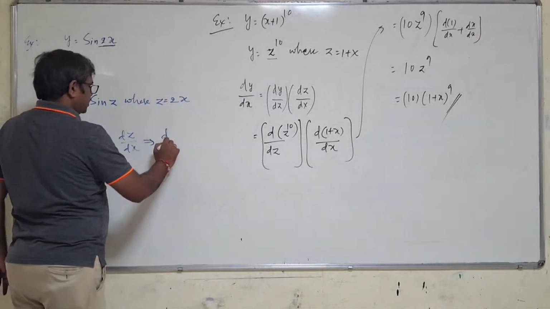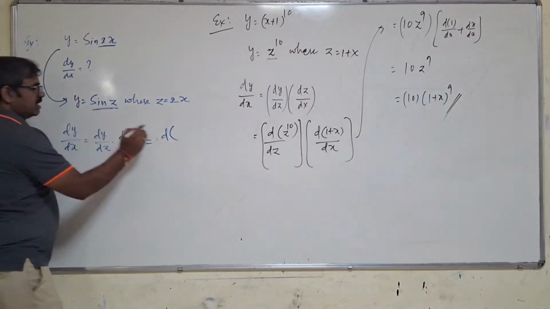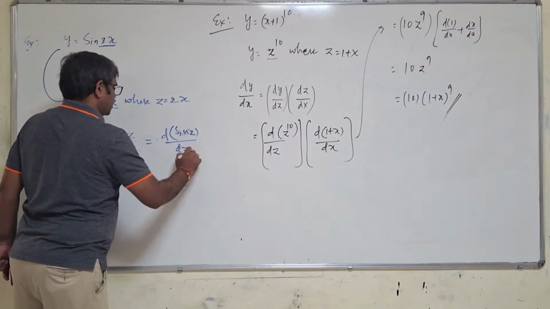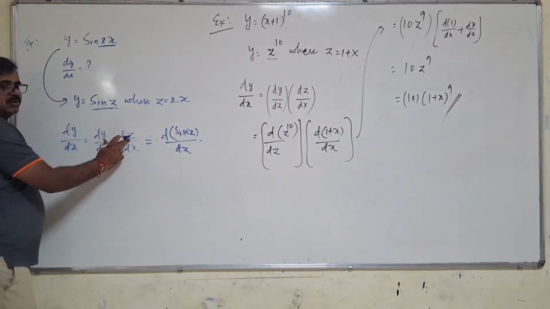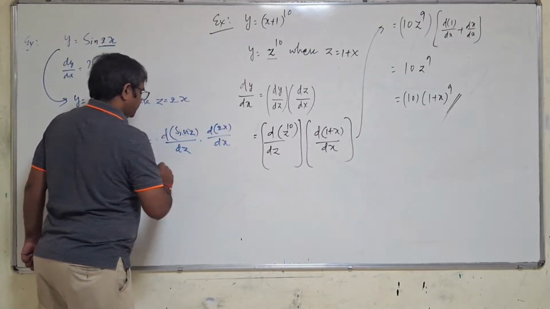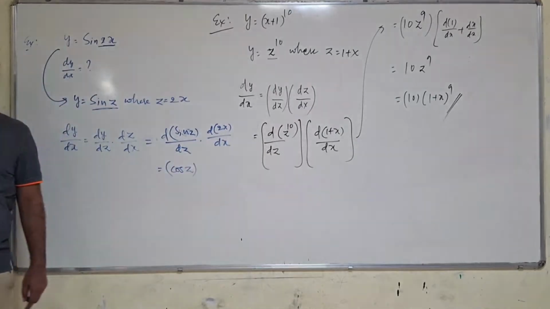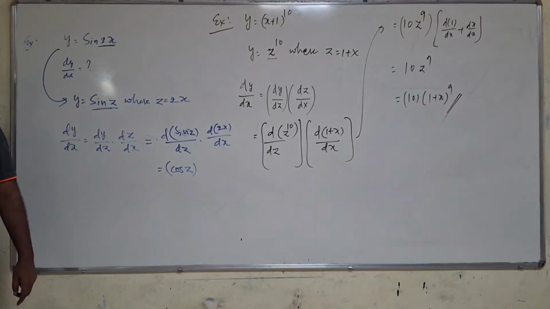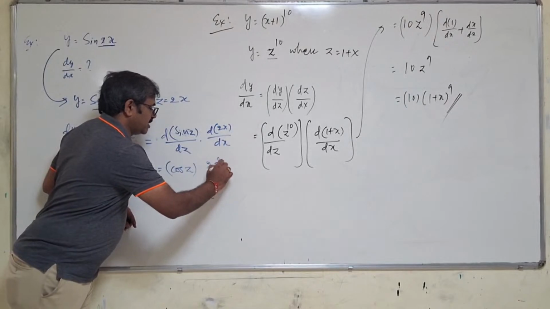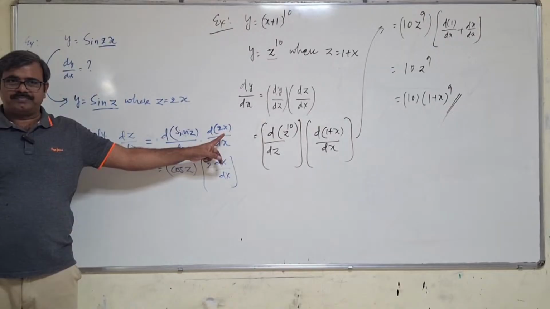So here, this is equal to d of y, which is sin z, by dz, into d of z, which is 2x, by dx. So what is d sine z by dz? Cos z. You understand this? What is d 2x by dx? 2 dx by dx. Do you know 2 is a constant?